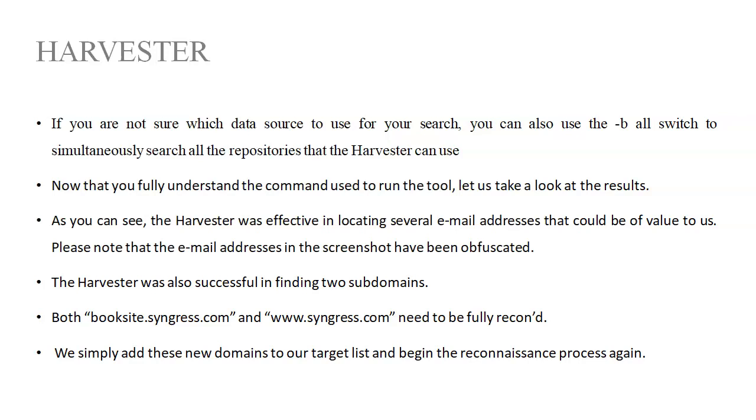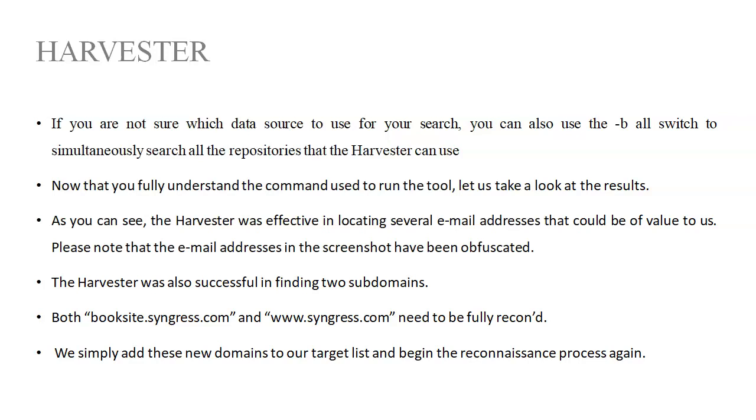Now that you fully understand the command used to run the tool, let us take a look at the result. As you can see, theHarvester was effective in locating several email addresses that would be of value to us.